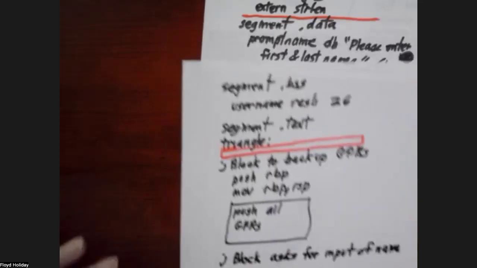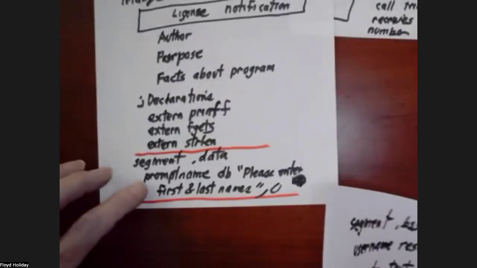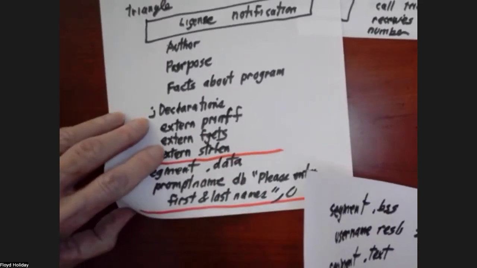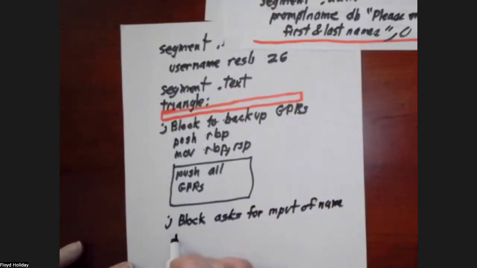So it needs a string. It's actually what we did here. Prompt name is please enter your first and last names. It's declared what the message is going to be. Now let's do this block. Do it so many times it becomes something you can see in your sleep.